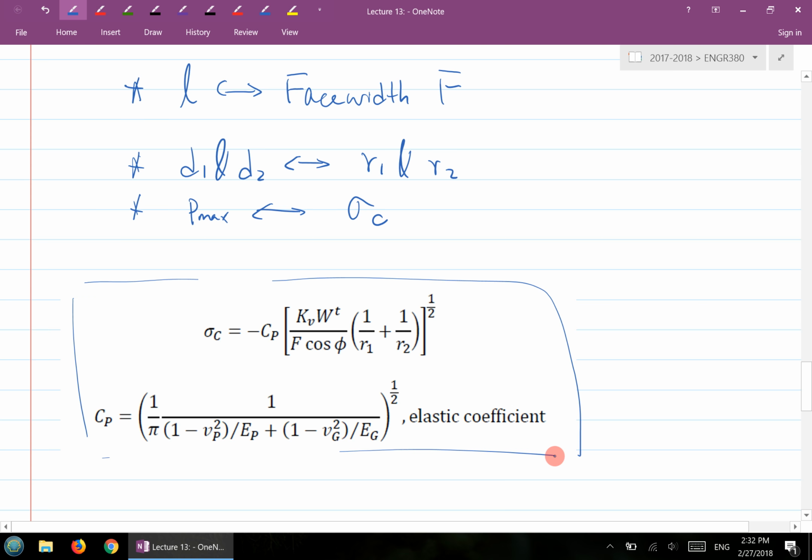This equation is called the contact stress equation, the base equation for the contact stress.